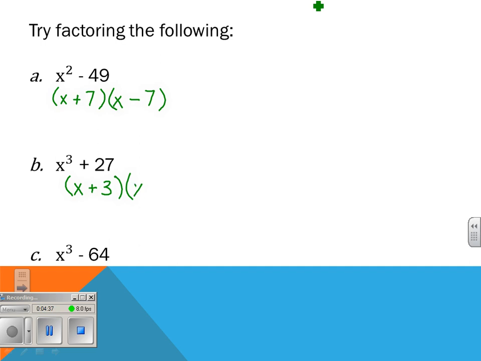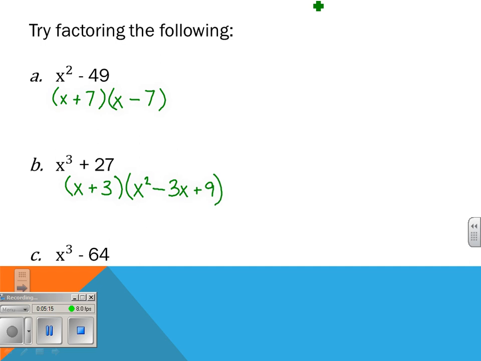The first is going to be the square of the first item. Our first cube was x, so x squared. Now is going to come a minus sign in the pattern, and you're going to subtract the cubed root of both of them together. So the cubed root of the x cubed was an x, the cubed root of the 27 was a 3. So that middle part of this factor is going to be a 3 times x. The final term in there is going to be the square of the cubed root of 27, which is 9.